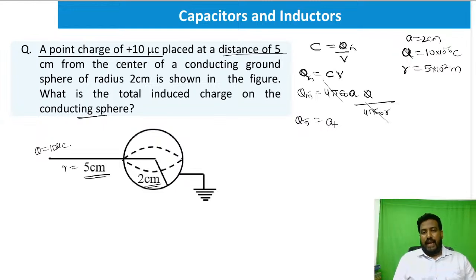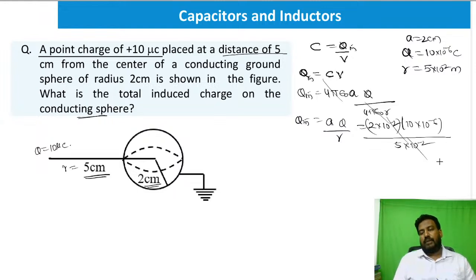So Q induced is A Q by R: 2 into 10 power minus 2, 10 into 10 power minus 6, by 5 into 10 power minus 2. This is 20 into 10 power minus 6 by 5, that is 4 into 10 power minus 6.